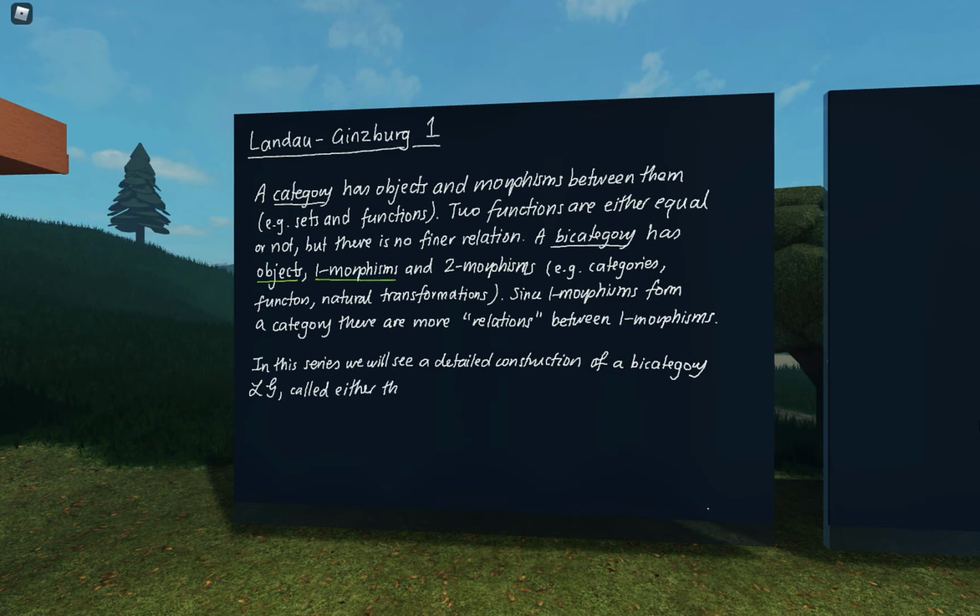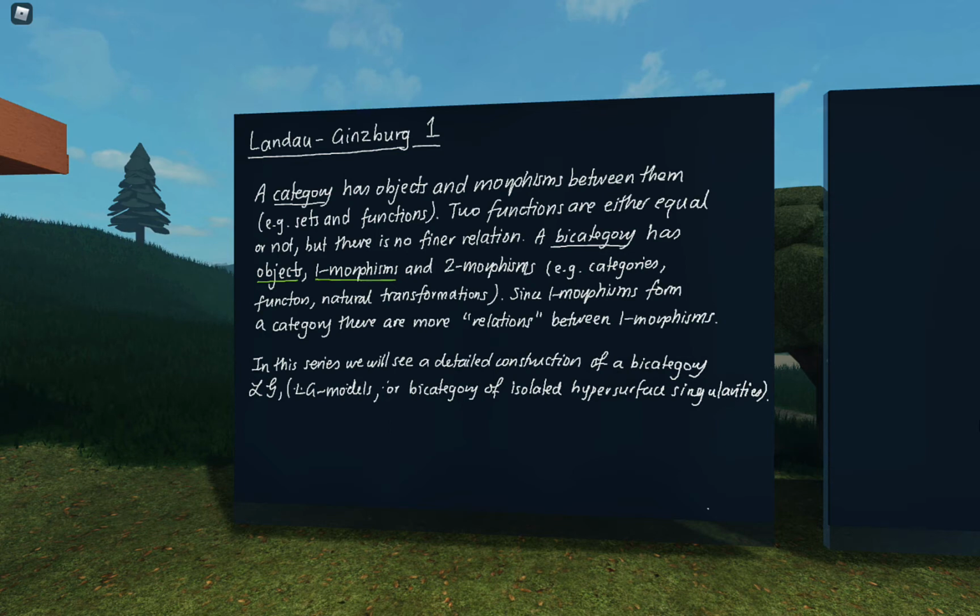It's either called the bicategory of Landau-Ginzburg models, or the bicategory of isolated hypersurface singularities. So the objects, one morphisms and two morphisms of this bicategory have a geometric origin. And in that sense, it's rather different in flavor from categories, functors, and natural transformations. So it's a very concrete bicategory.